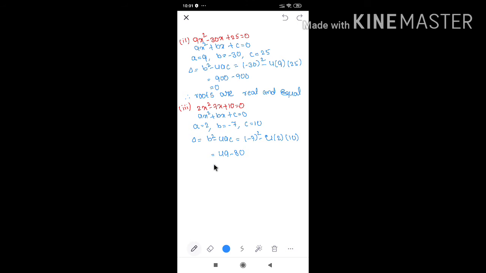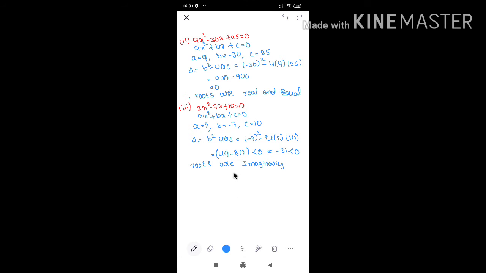So this will give a negative number, which is equal to −31, which is less than 0.